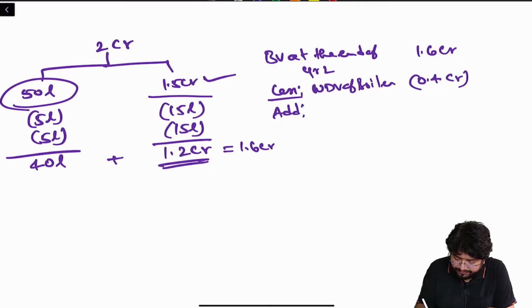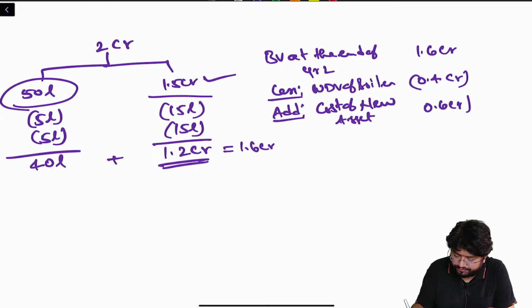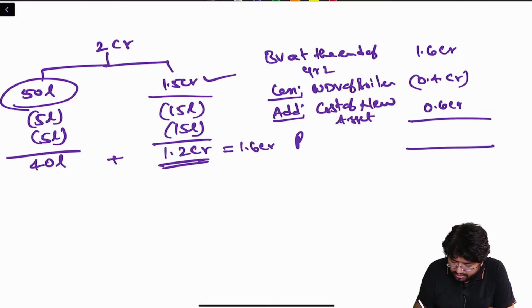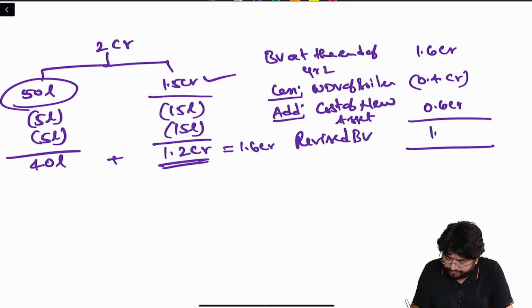Add the cost of the new asset, which is 0.6 crore. And this is going to be your revised book value, which would be 1.8 crore. And then this is going to be written off, depreciated.